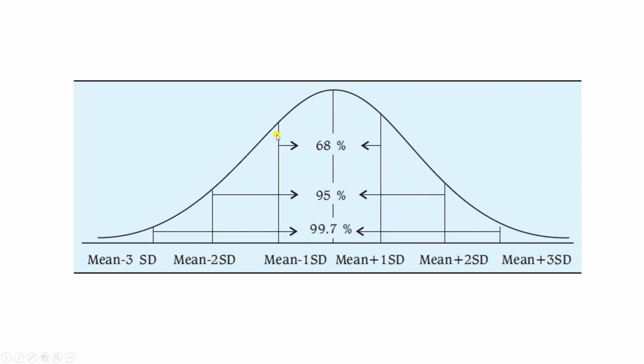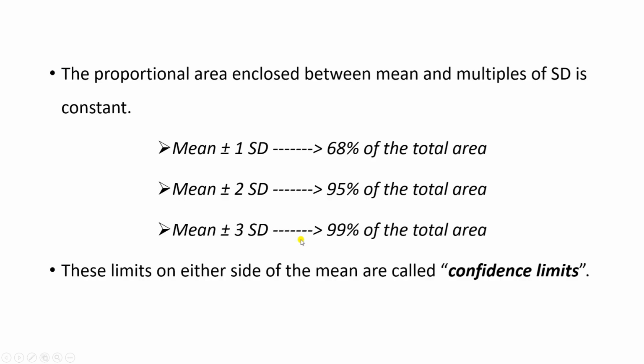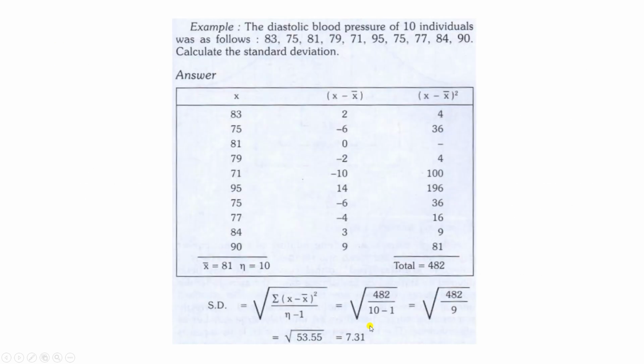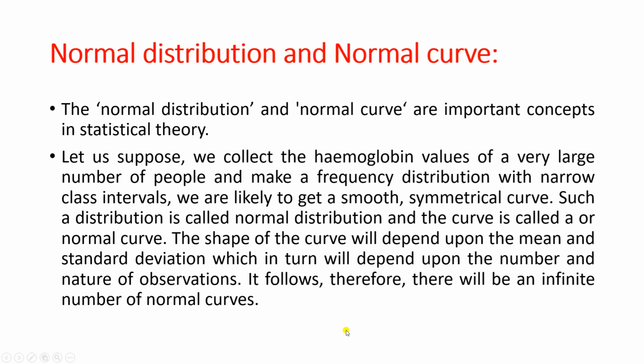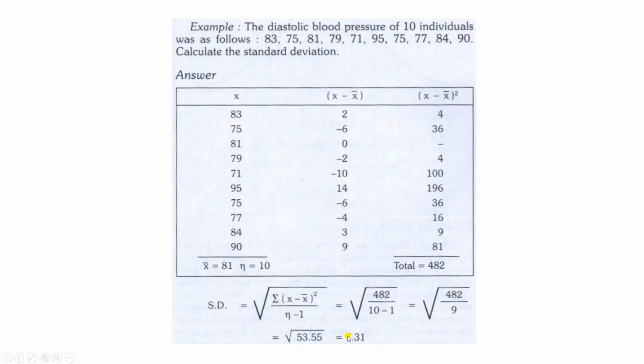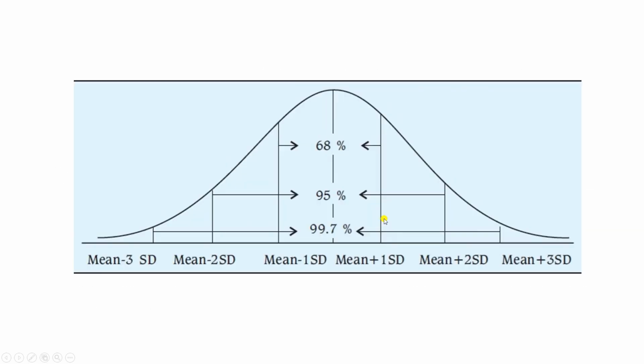These vertical lines denote the standard deviation marks. Standard deviation is 7.31, so for our convenience let's call it 7. It's easier to calculate.